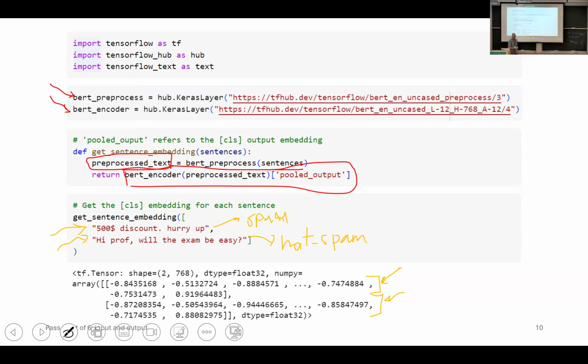Yes? Is it possible to identify some correlation among those vectors or features? Yes, so here BERT does all the heavy lifting for us. So in terms of correlations, I don't know what would be the meaning of correlation between the embedding of "hi prof, will the exam be easy" and the embedding of "$500 discount."